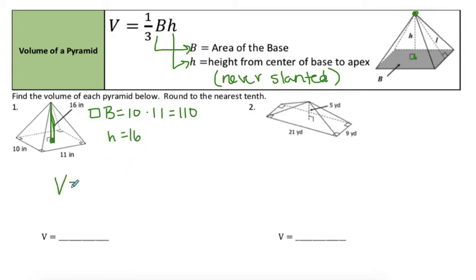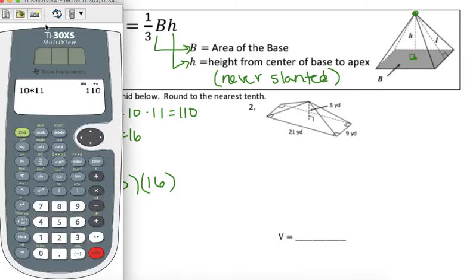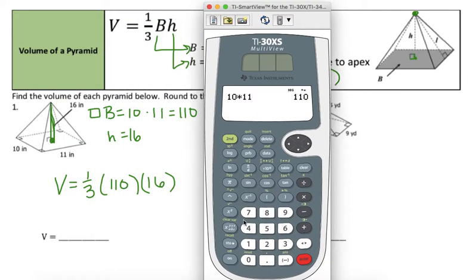So for volume, I can do 1/3 area of the base, there's my 110, times the height, 16. So I'll pull this out of my calculator. I'm going to do 1/3, and then I have 110 for the area of my base, times 16 for the height, apex to center.